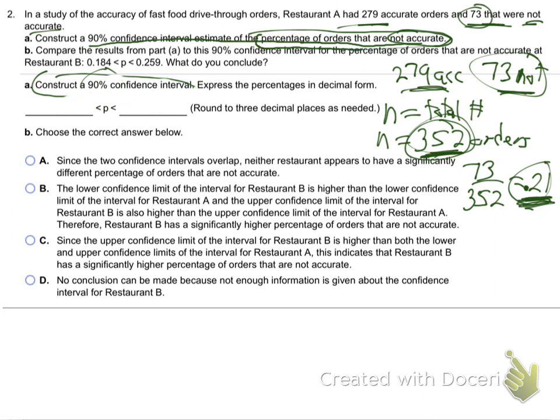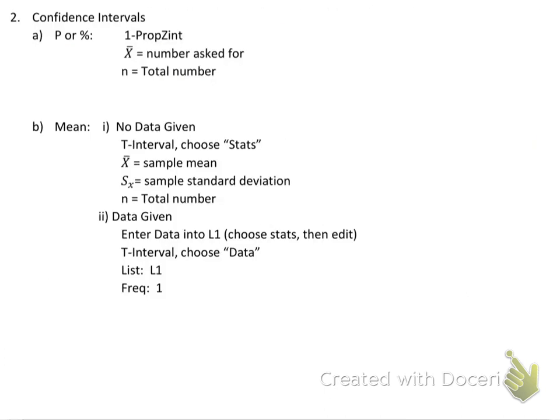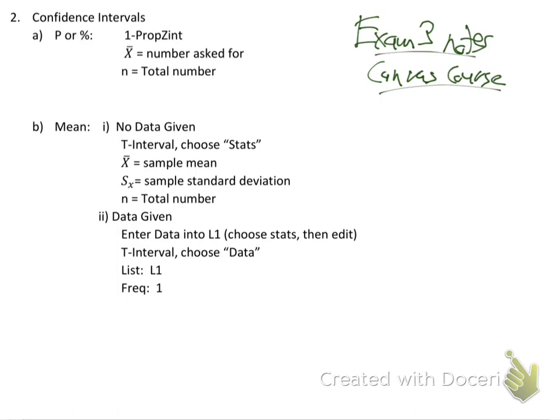Well, to do that, we're going to use our TI calculator. And here are the steps. This is exam 3 notes, which again is on the Canvas course for my online students. And for my face-to-face students, I'll pass it out or email it to you. So I'm on number 2, question 2 on the exam 3 notes, confidence intervals.